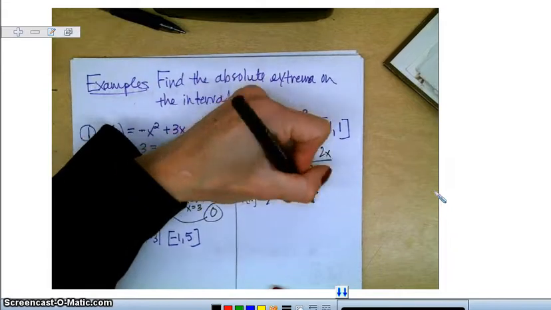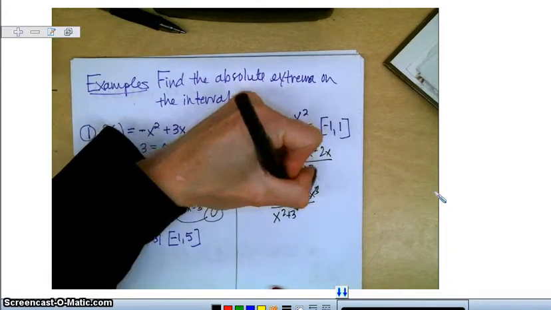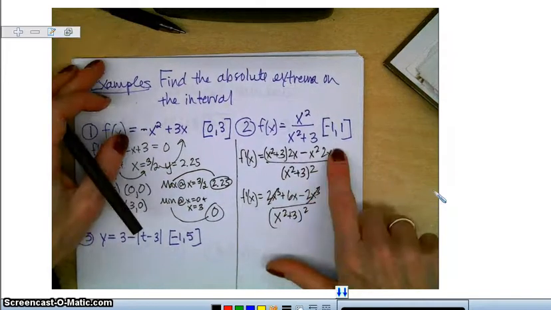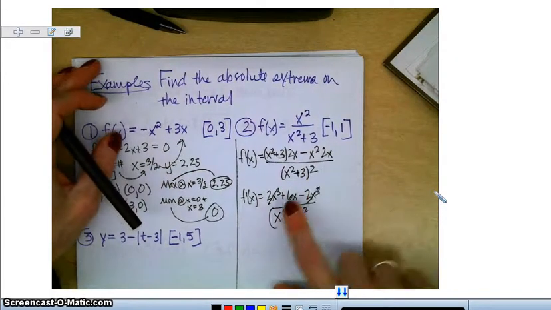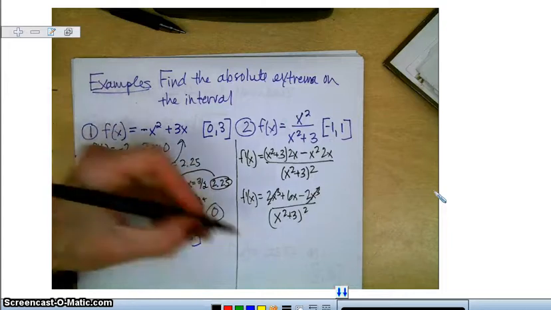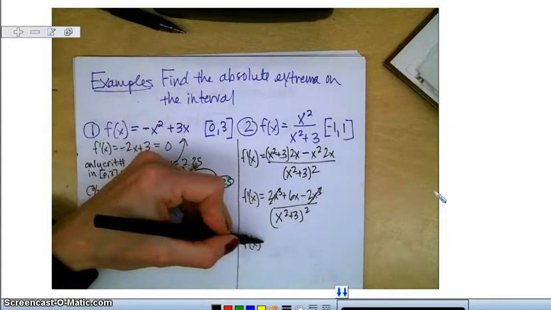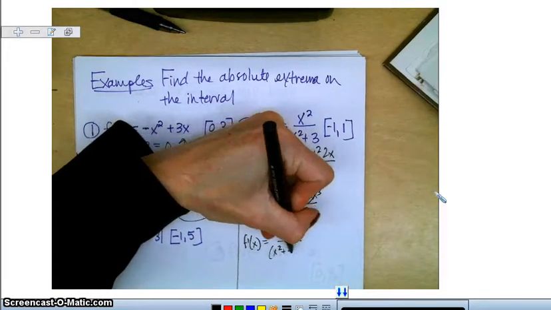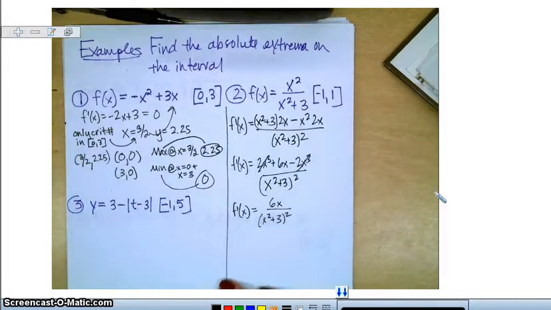The 2x cubes cancel. So now I've got 6x over x squared plus 3 squared, and I'm going to now set that equal to 0.